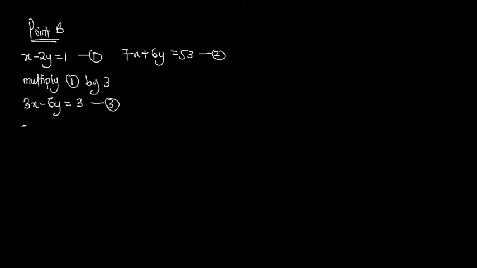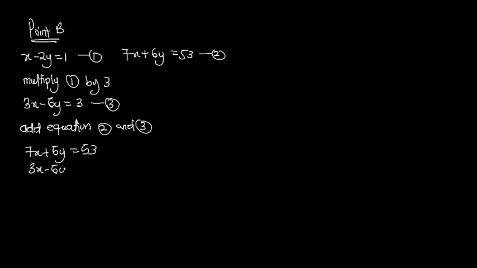So I can now say add equation 2 and 3. By adding them, I have equation 2 is 7x plus 6y is equal to 53, and then equation 3 is 3x minus 6y is equal to 3.